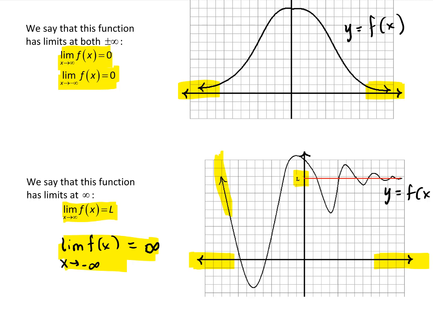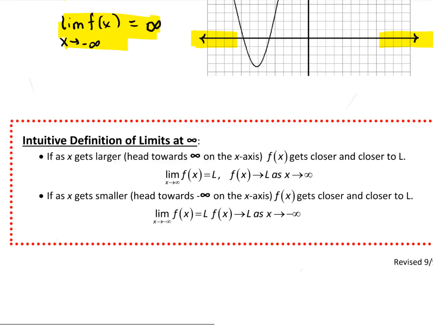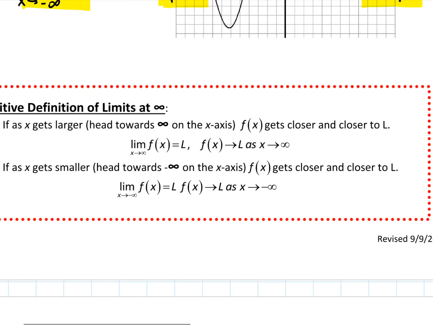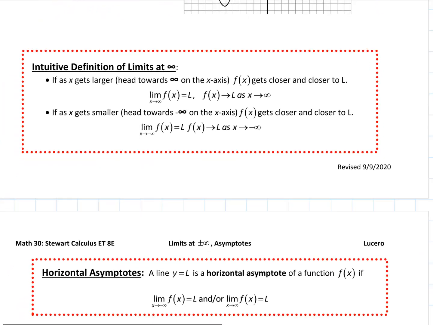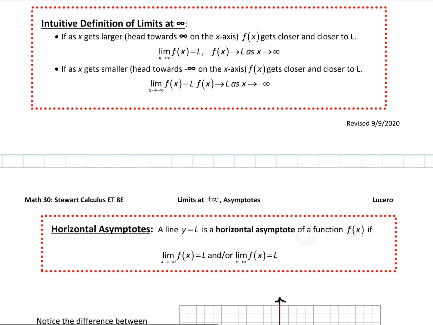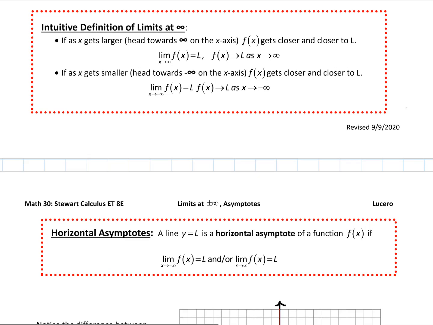Okay, so there are some graphical examples. Let's actually have our intuitive definition. If you want to, freeze the screen here and get this intuitive definition down. Let's get the horizontal asymptote definition up on the screen here as well.